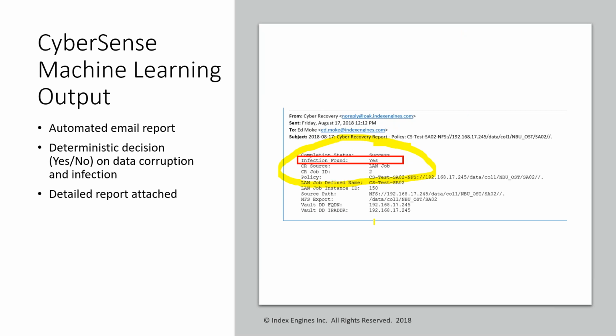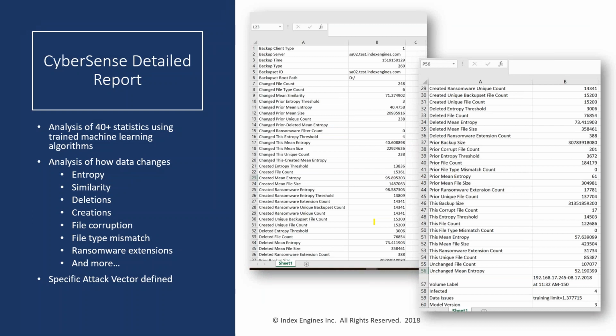And once you monitor this and see that there is an infection, there's detail that's attached to the email. So there's an email attachment as follows. So this gives you a view to some of this, all the statistics that are generated. So you can see all the statistics here. You can see change in file count. You can see change in entropy. You can see change in file sizes. So all sorts of things that compare different statistics, different observations of the files.